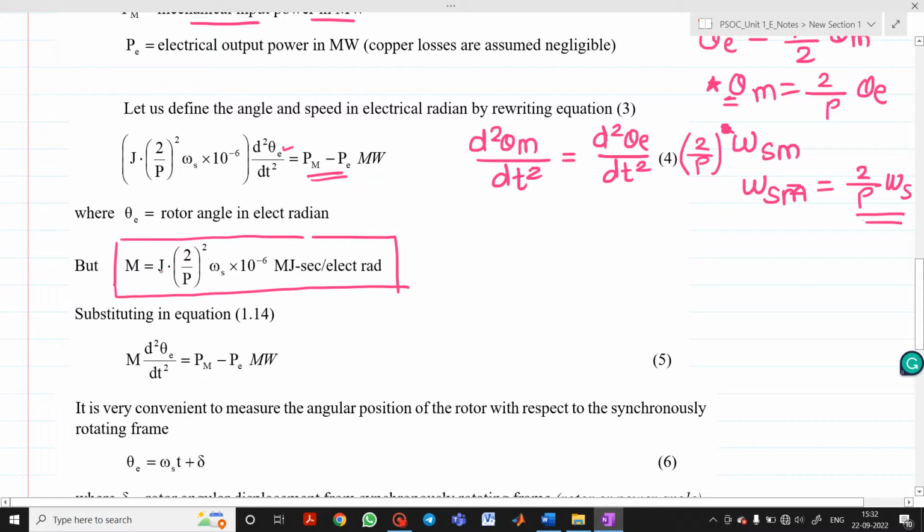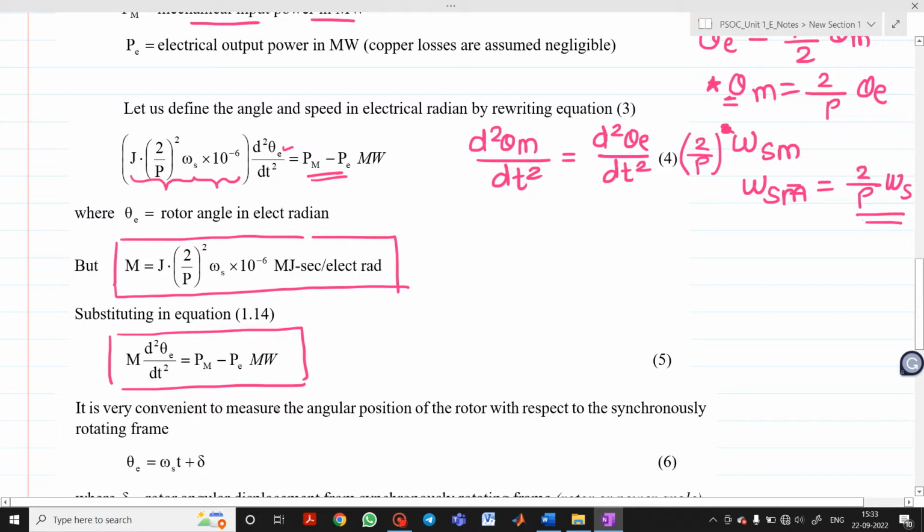Already we covered: M equal to J into 2 by P square into omega S into 10 raised to minus 6. Unit is megajoule second per electrical radian. So in place of J into 2 by P square omega S into 10 raised to minus 6, I will write M. So I will get this equation: M d square theta E upon dt square will be equal to Pm minus Pe.